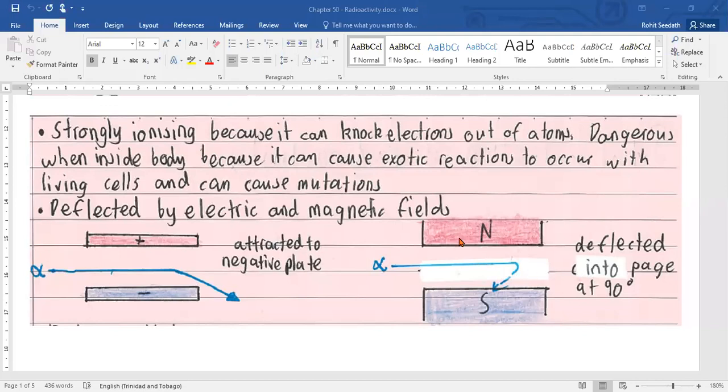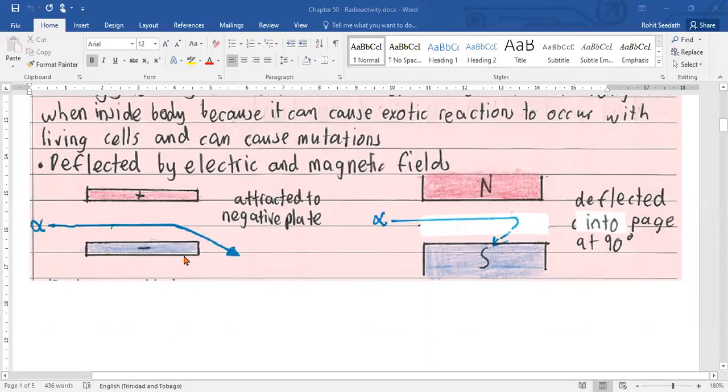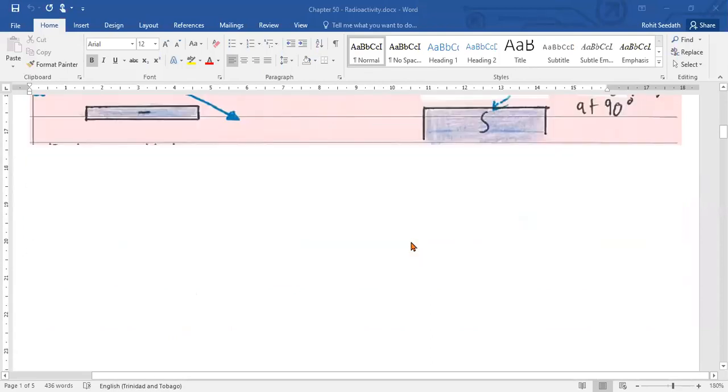It may look as if it goes towards the S or out of the page, but it really means going into the page. For the electric field, it is attracted to the negative plate. You need to know this because in IGC you need to draw it as well.